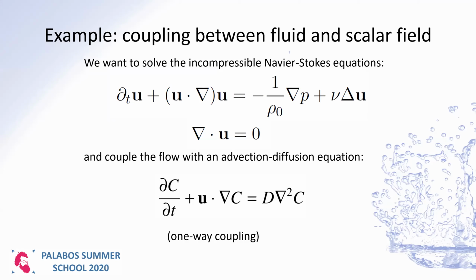So that's where the coupling comes in. The fluid velocity is going to advect the scalar species C. So we're going to solve that one, the advection diffusion equation, through lattice-Boltzmann as well, also with a BGK scheme, and write a data processor that transfers the velocity from the Navier-Stokes equations to the advection diffusion equation.